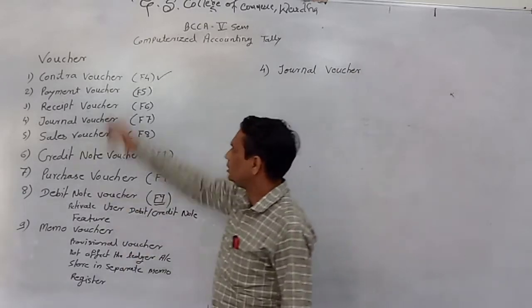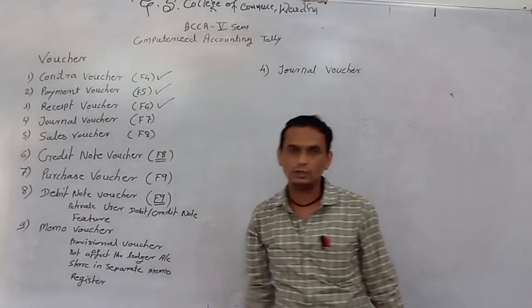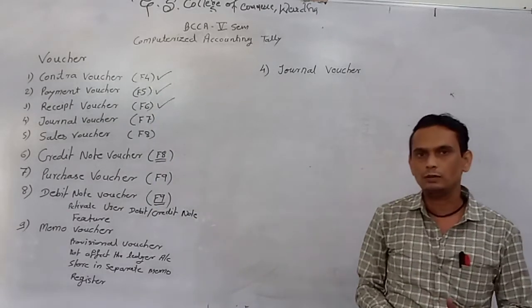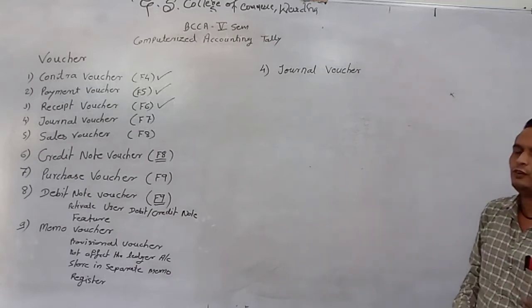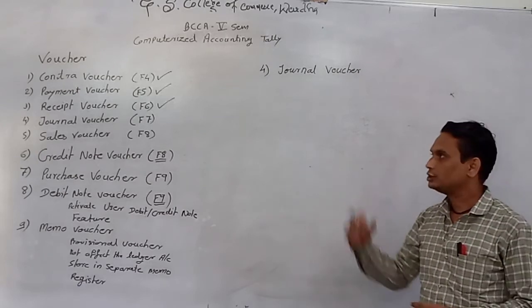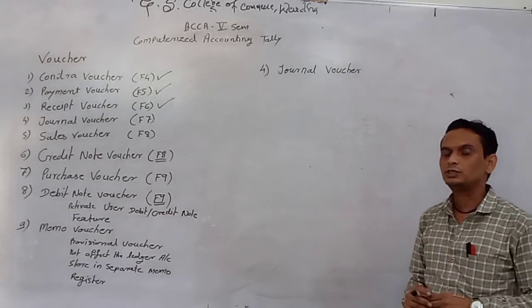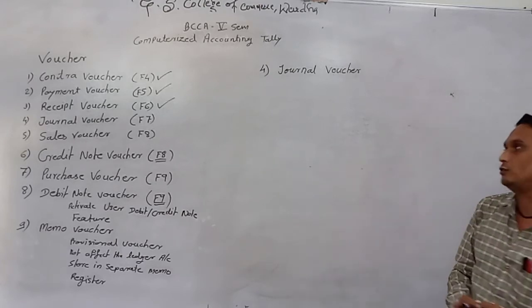Before that, we discussed the contra voucher, payment voucher and receipt voucher. In these, cash comes in or goes out: in contra, the inflow and outflow are the same; in payment, outflow is made; in receipt, inflow is made. It means all these transactions are related to cash inflow and cash outflow.